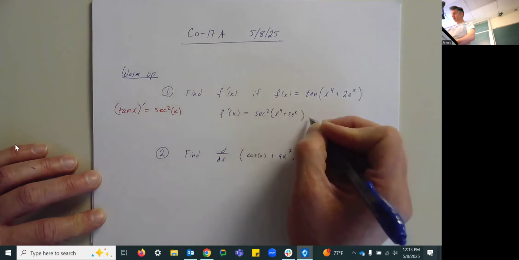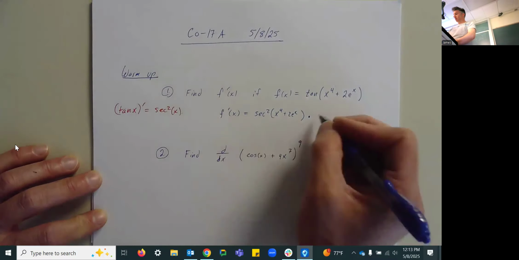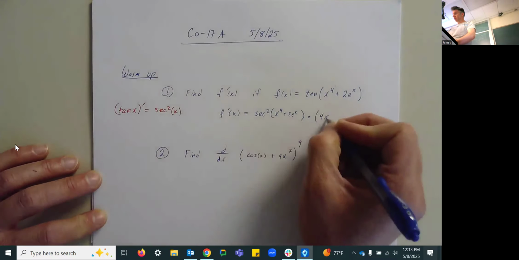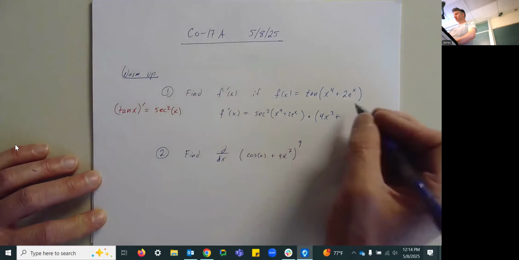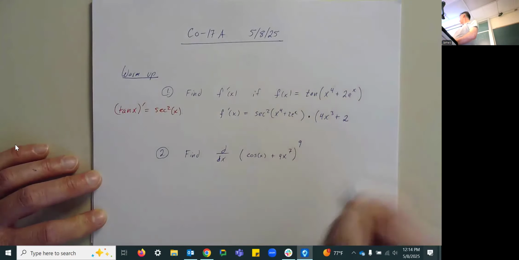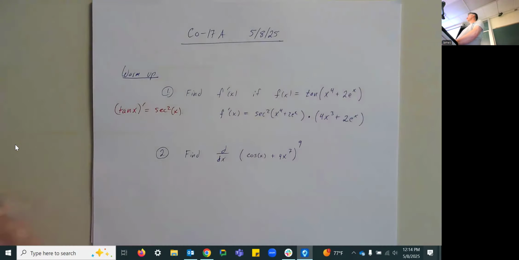And of course, we have to multiply by the derivative of that stuff, which is going to be 4x cubed plus the derivative of 2 times e to the x. The constant multiple 2 hangs out, and the derivative of e to the x is e to the x. And that's it.